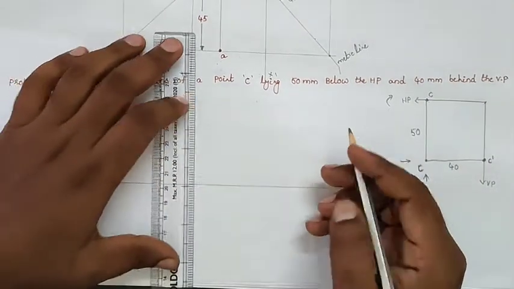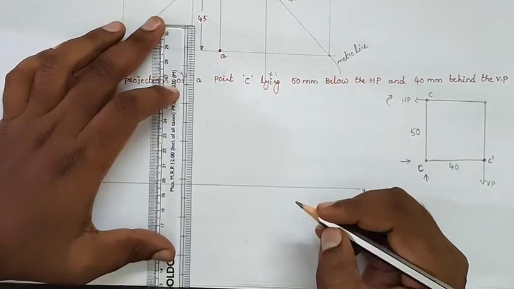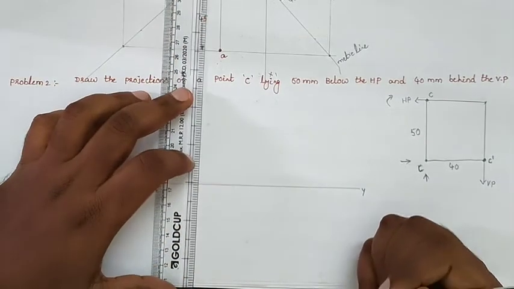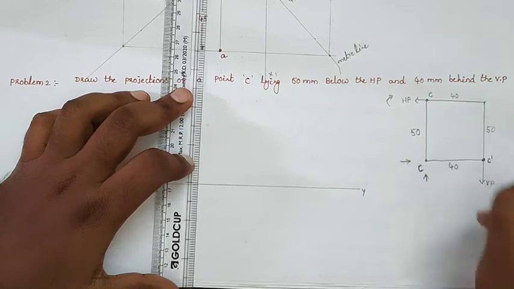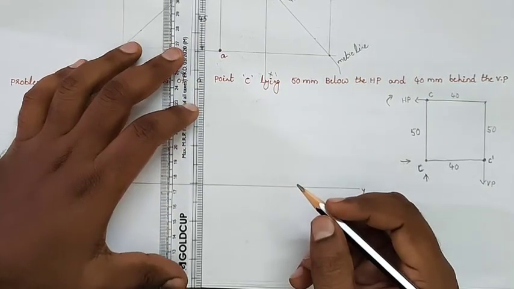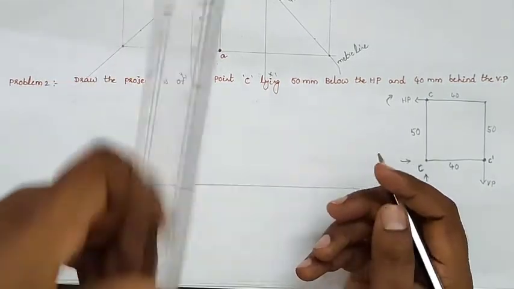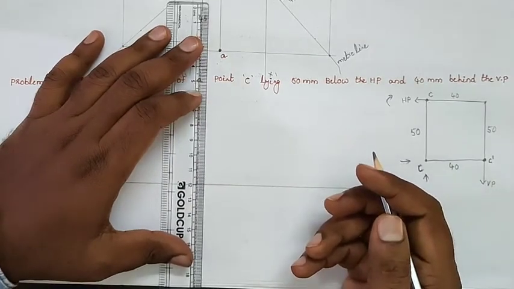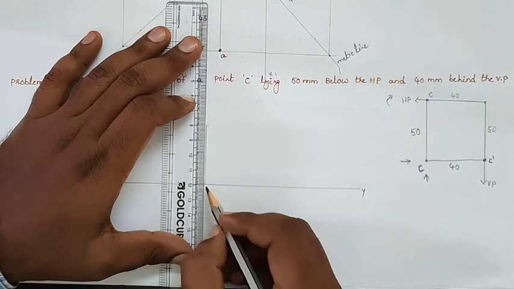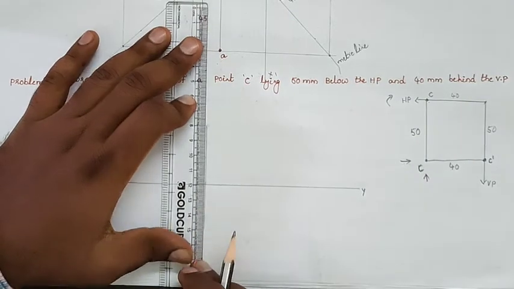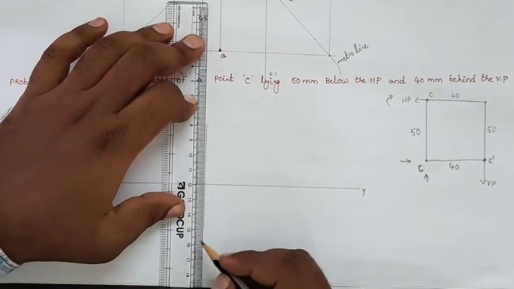So take 50 mm below the HP and 40 mm behind the VP. This dimension is 40 and this dimension is 50. 40 mm behind means above the reference line. Take 40 mm. Draw the projection line. These are the projection lines. These lines are also drawn by using a 2H pencil.